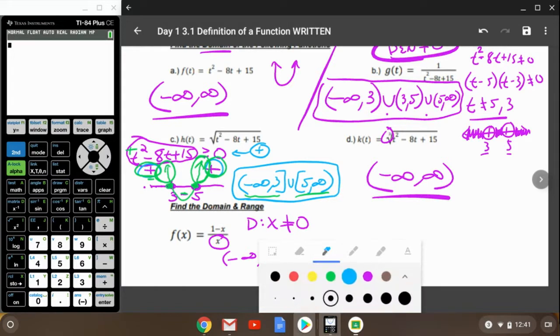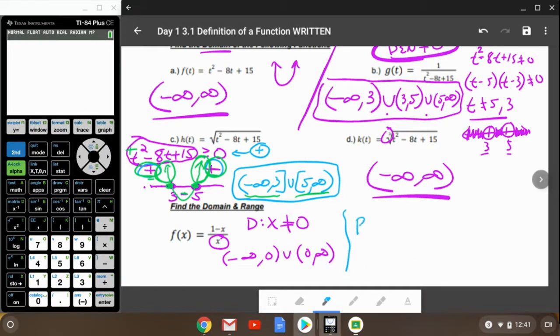All right, do a different color and get the range here. So looking at my range, well, I want to find my vertical asymptote if there is one, right? Actually, not vertical. I'm just kidding. I want to find my horizontal asymptote. And so you may have gone through and figured out, or recalled from last year, if the degree on top and the bottom are the same, we look at a ratio of the coefficients.